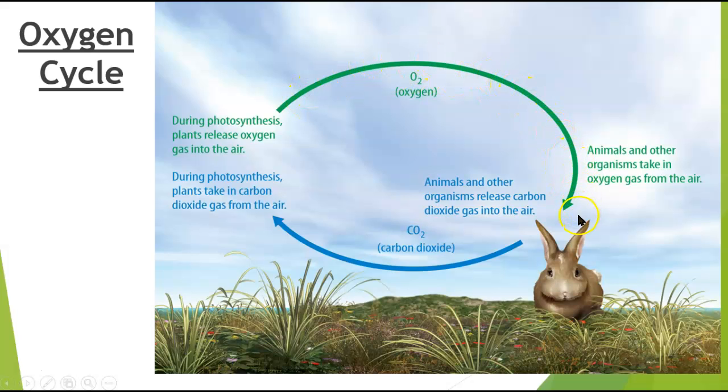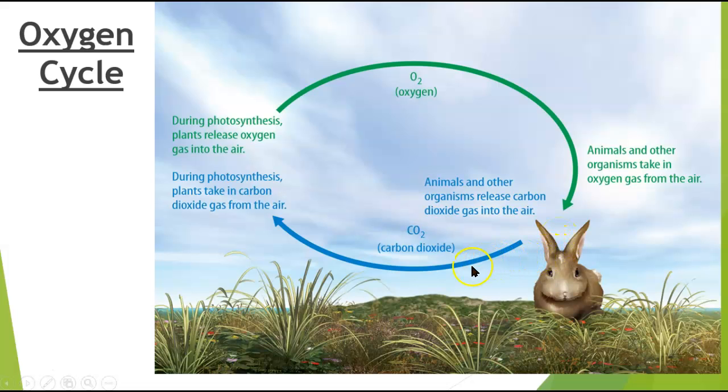And then animals, humans, take in this oxygen gas, and we use that in order for our cells to be able to do the things that they do. As our cells use that oxygen, our cells then give off carbon dioxide as a waste product. Our blood carries that carbon dioxide to our lungs.